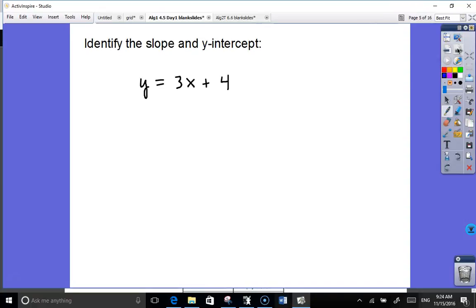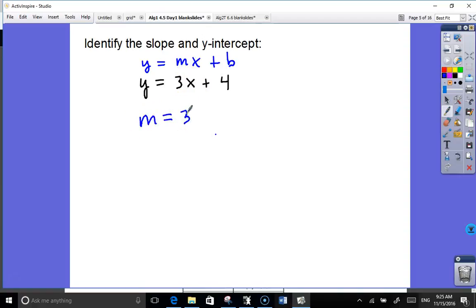So identify the slope and the y-intercept. y equals 3x plus 4. What's the slope? Remember, compare it with y equals mx plus b. The m is whatever the coefficient of x is. In this case, the coefficient of x is 3, so m equals 3.